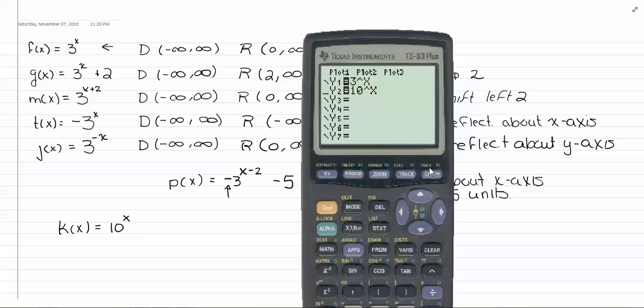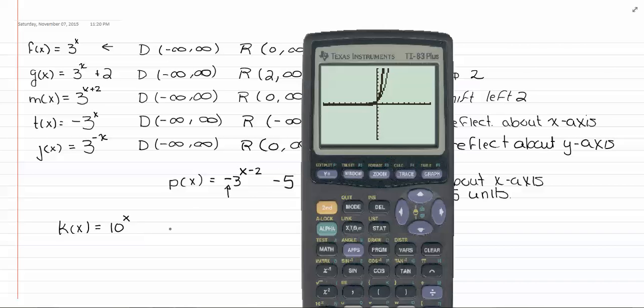So the first one I type in is going to be 3 to the x, and it just kind of starts out and goes up pretty slow. The y equals 10 to the x, though, watch what happens. It shoots up a lot quicker. It's stretched up. So in this case, the bigger the base, the quicker it is to increase.